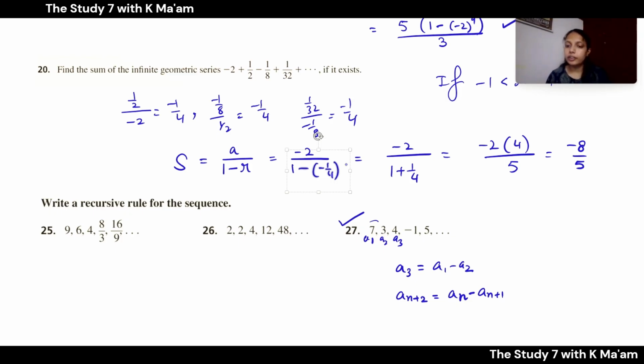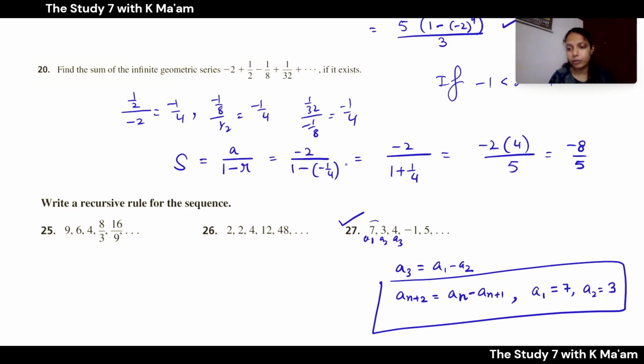So if you subtract the last two terms, you will get the next term. And here we need two first terms. The first term a1 is 7, a2 is 3. Done. This is the recursive form.